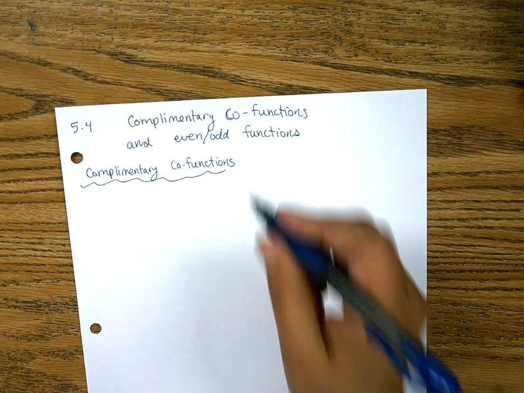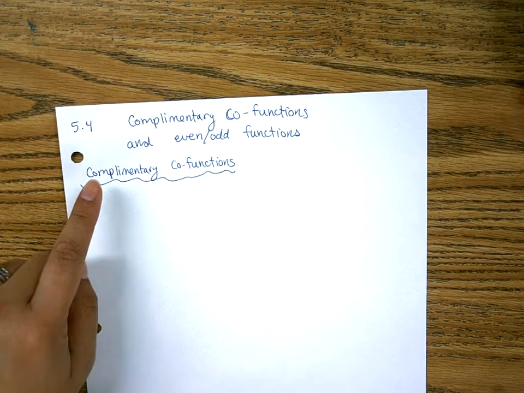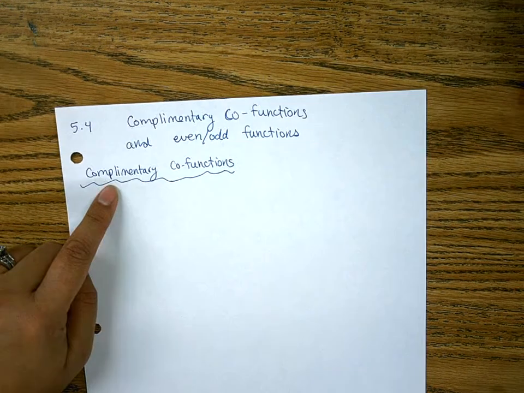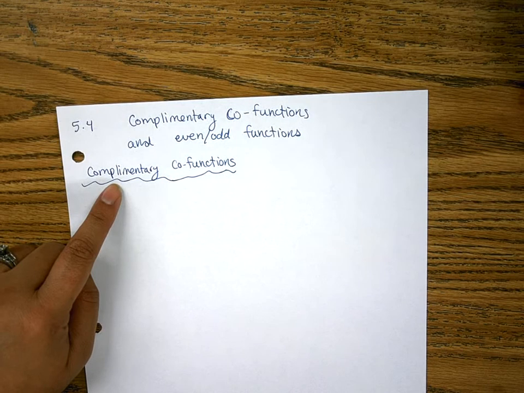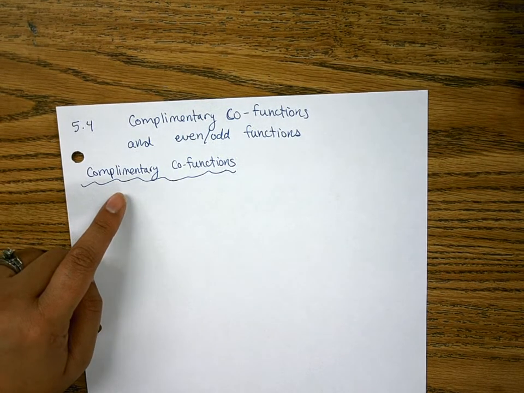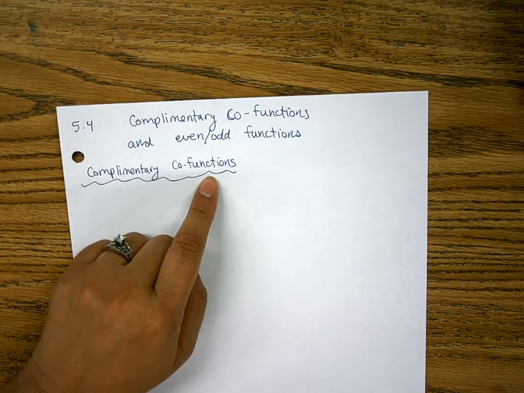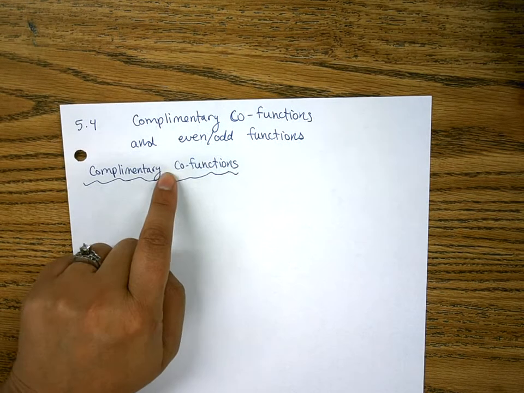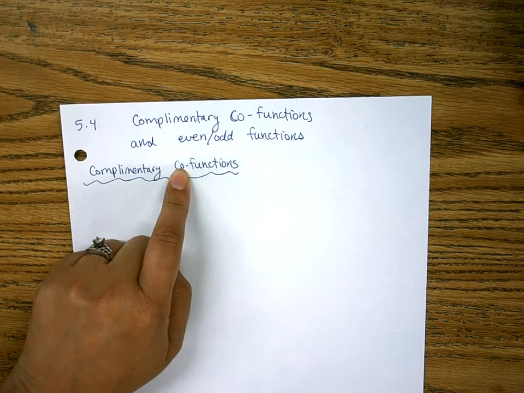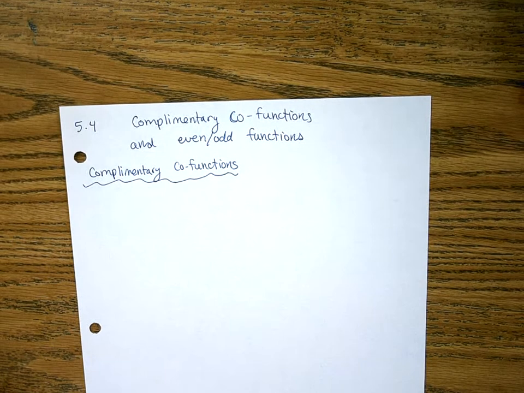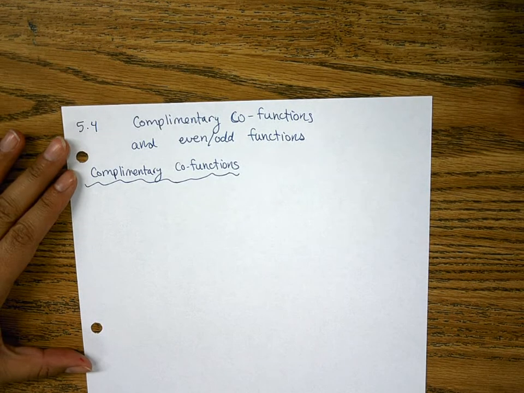It's kind of in the title what they are. Complementary, what numbers are complementary? Numbers that add up to 90, 60 and 30 are complementary. Cofunctions, the word co is the key word there. Okay, let's write this down.